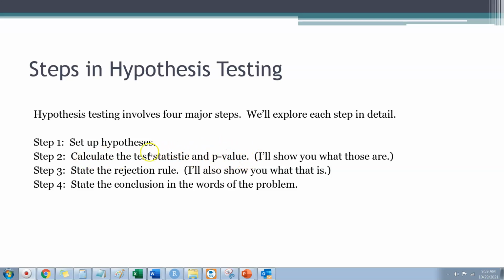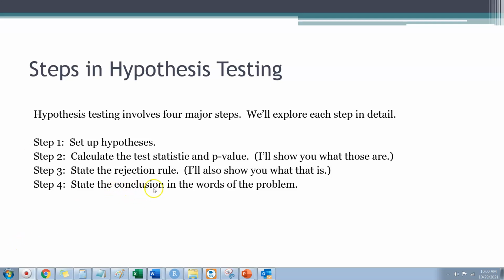These, in the courtroom analogy, would be the evidence. The rejection rule is going to be, how do you know whether to reject H0 or not? In the courtroom analogy, that would be the standard of evidence, whether they're looking for proof beyond all reasonable doubt or something along those lines.